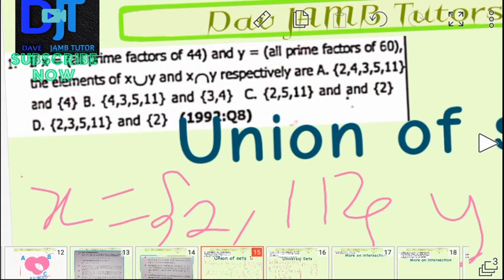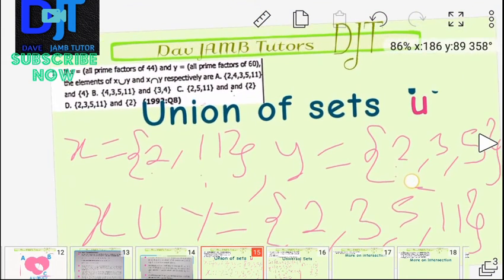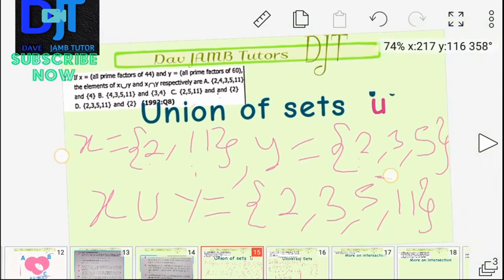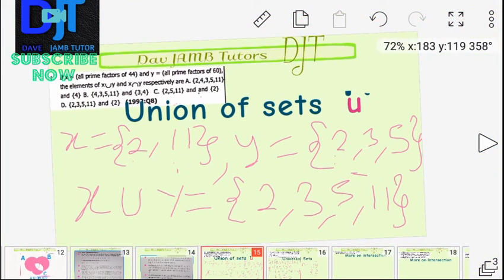Oh, I didn't include something. They said all prime factors of 60. I forgot to include 4 in this first one. Sorry about that.